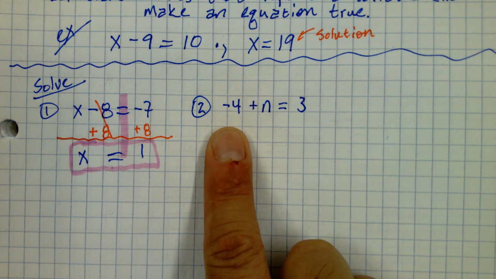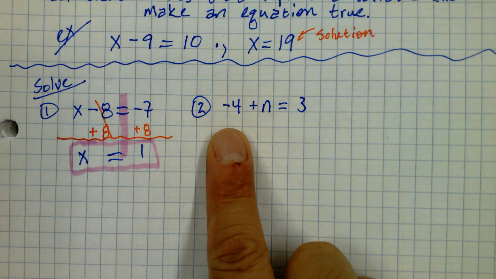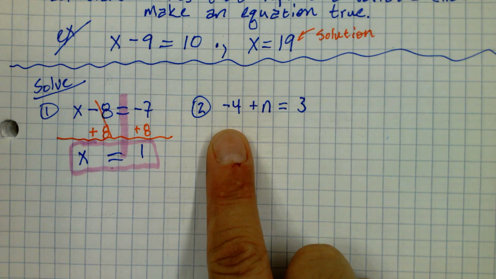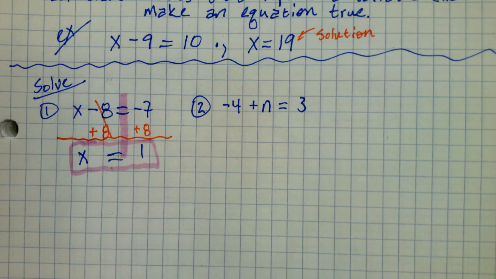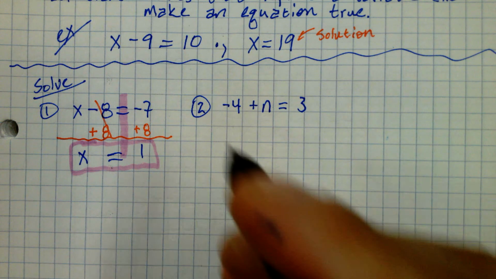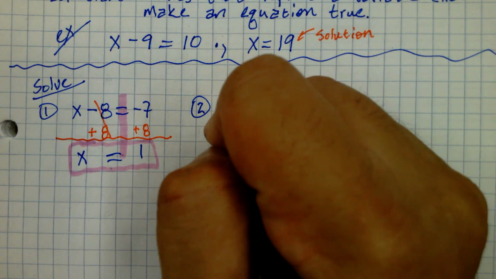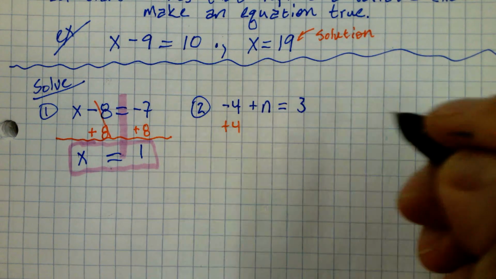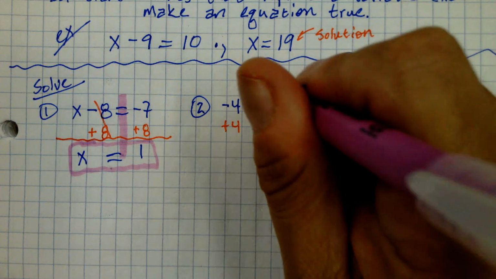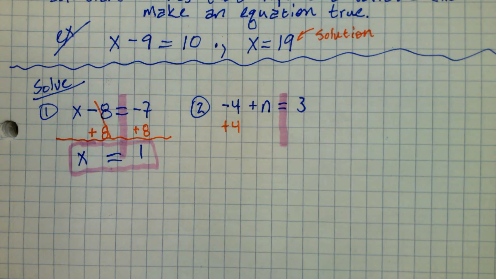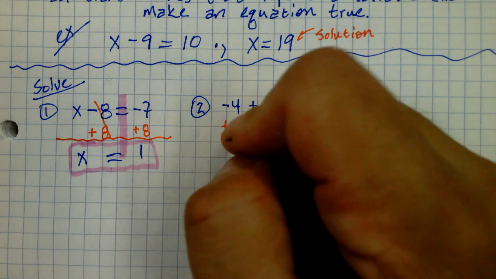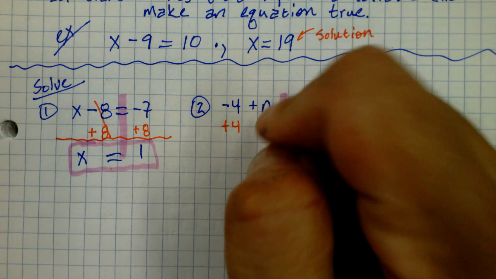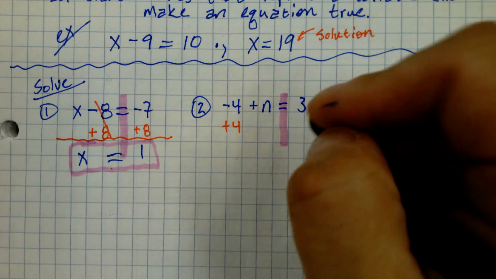How do I get rid of this -4? What's the opposite of -4? +4. So if it's adding and subtracting, you always want to create an opposite number. So +4 here, and on the other side of the equal sign, we do the same thing. Sometimes I see +4 here and then right next to it another. It has to be on both sides of the equal sign.